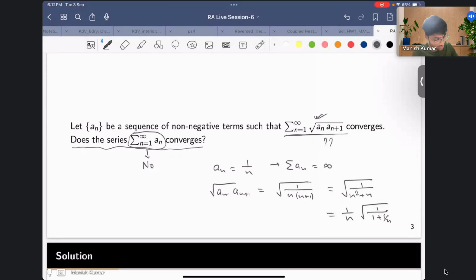And now if you sum it up, you can do some comparison test. If you want to use the series test, you can write the term as root of 1 by n square plus n, and take bn to be 1 by n square or 1 by n. If you use the comparison test, you will see that this series is divergent.